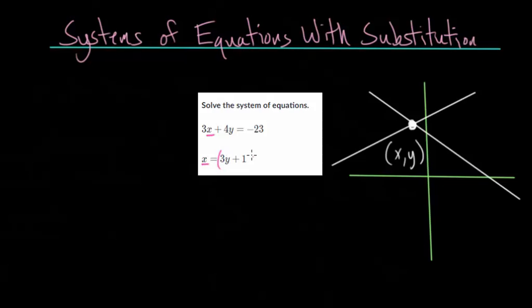In this case, x is equal to 3y plus 1. So I plug this in here, and then I'll have an equation that only has y in it. Since it's one equation and one variable, you can actually solve that. You can get a value for y, and then whatever you find for y, you can just plug it back in right here to figure out what x is. So that's the general method.